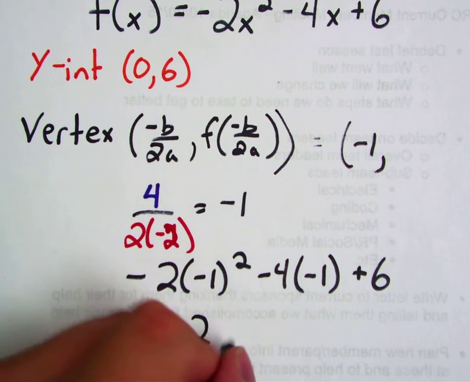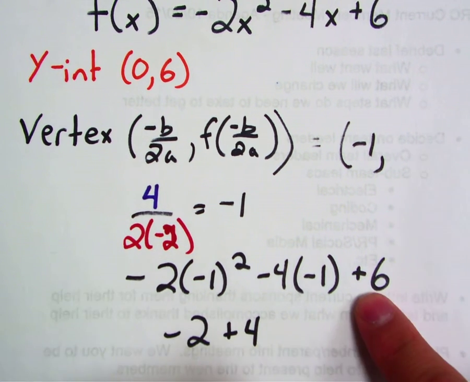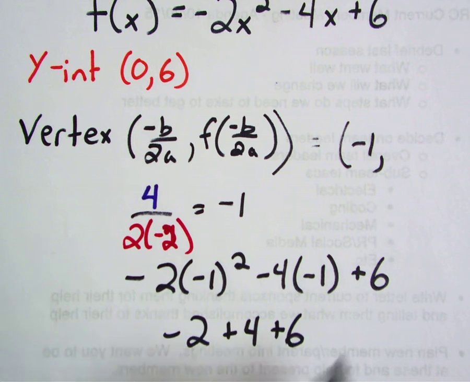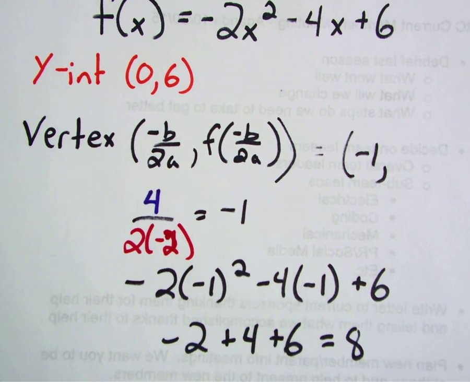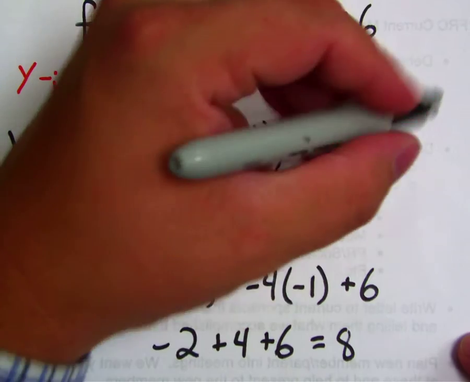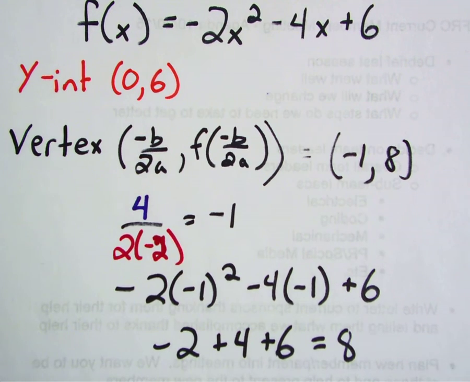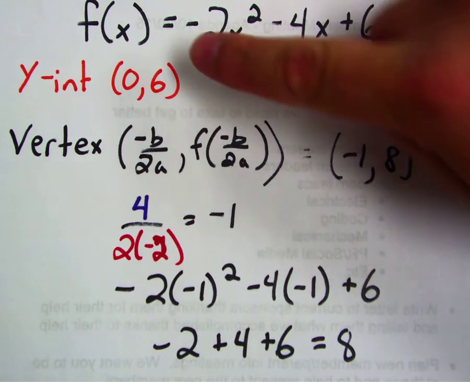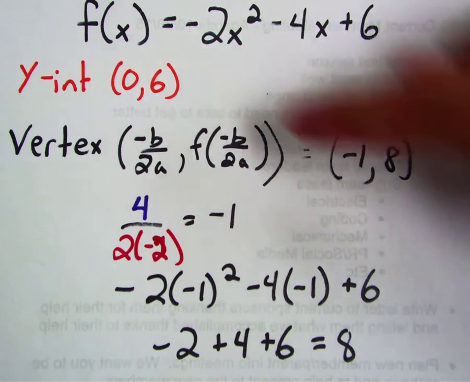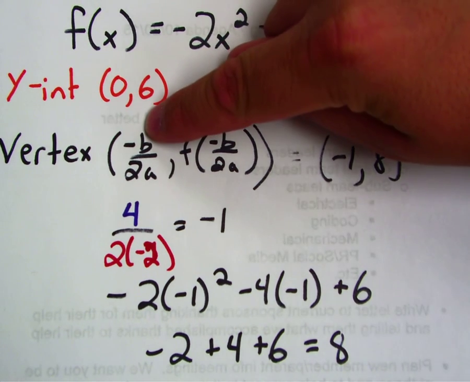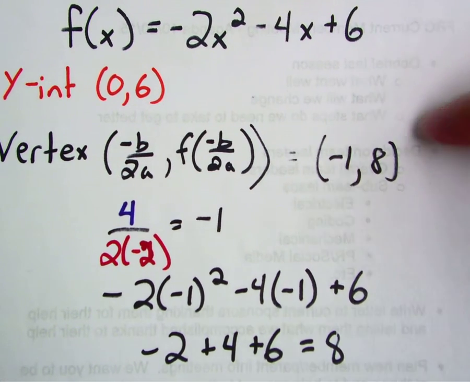Negative 4 times negative 1 is a positive 4, and plus 6, and we'll get 8 from that. So our vertex is going to be at the point (negative 1, 8). So in standard form, the y-intercept is very easy to find, and if you know this formula, which we'll take a look at again in a little bit, it's very, very easy to find the vertex as well.